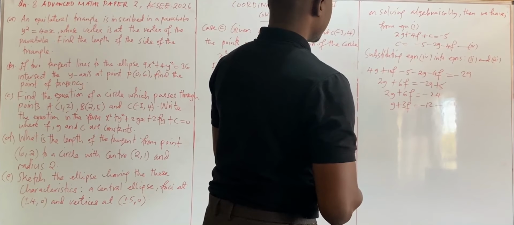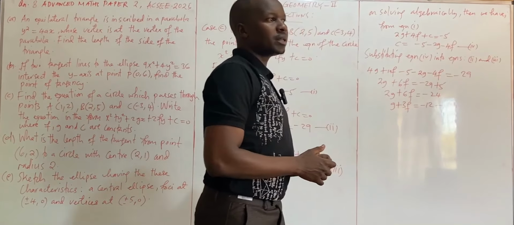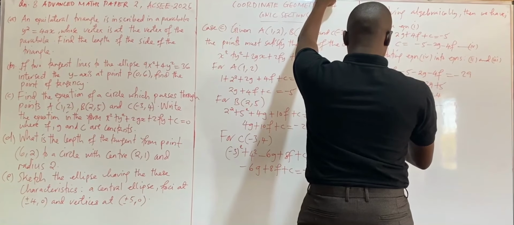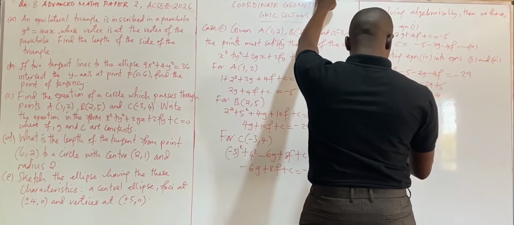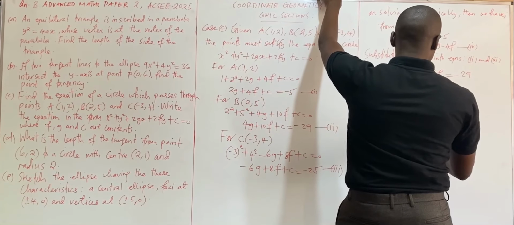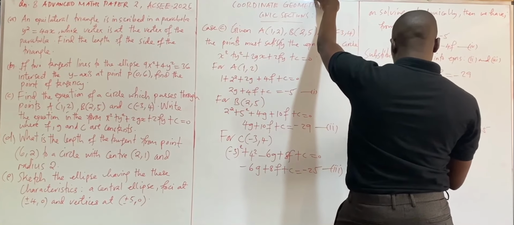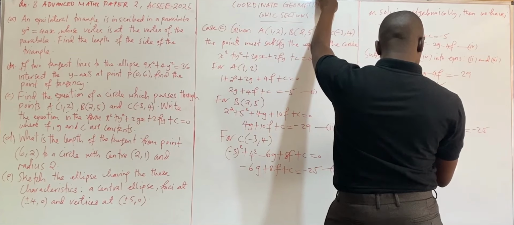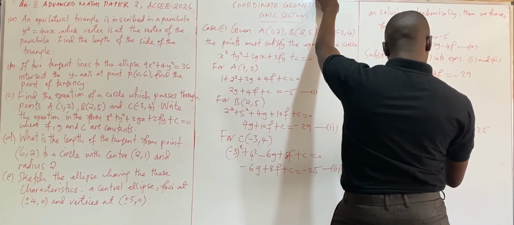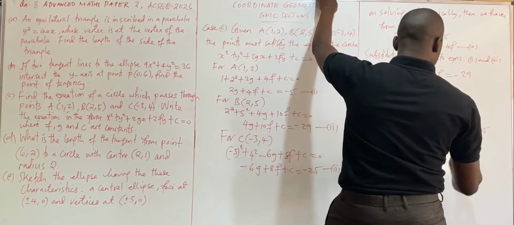Now we substitute equation 4 into 3, to have a new equation with only two unknowns, g and f. So coming here, -6g plus 8f plus c, that is -5 minus 2g minus 4f, equals -25. Operating the like terms, -6g minus 2g, we get -8g, 8f minus 4f, this will be positive 4f, and then equals -25, we plug in that 5, the numerical terms.